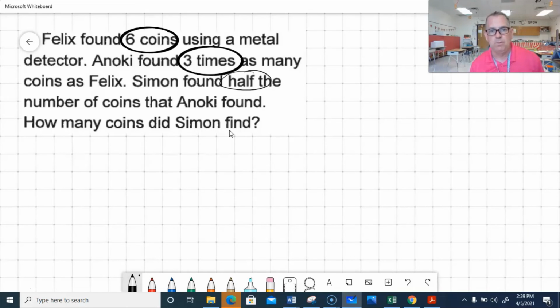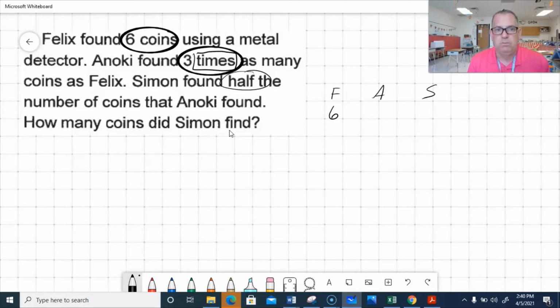Okay, I'm going to use a table to help me solve this. So I'm going to go ahead and put an F right here for Felix. And I know Felix found 6 coins, so I'll put that right there. A for Anakoi, and then an S for Simon. Okay, so to figure out how many Anakoi found, I would multiply 6 times 3, because times is telling me that I need to multiply.